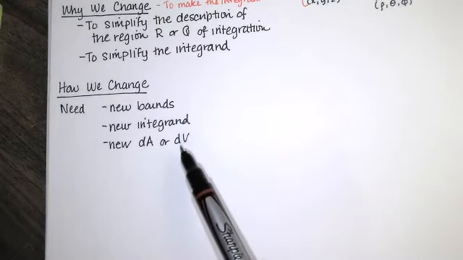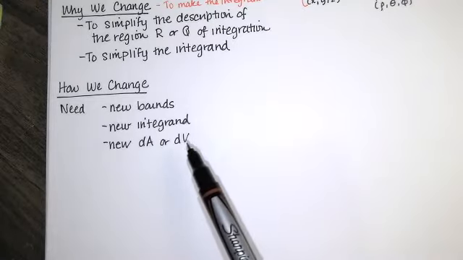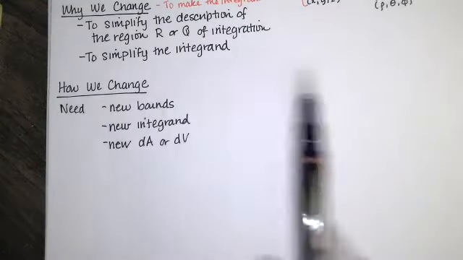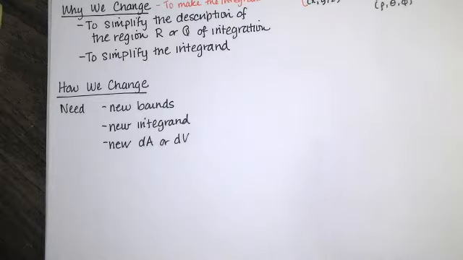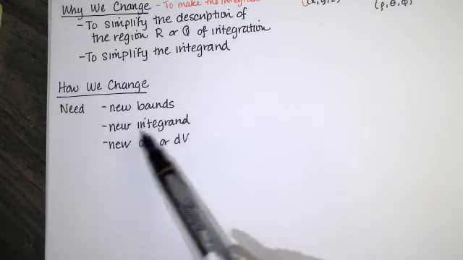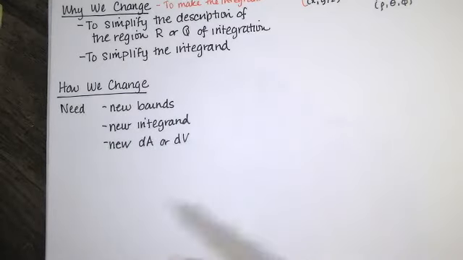That volume piece is not going to be exactly the same after that transformation. You might need some extra multipliers so that the volume piece in terms of x, y, and z is equal to this volume piece in terms of the new variables. So yeah, that little extra multiplier is called the Jacobian, and that's why this section is called the Jacobian.